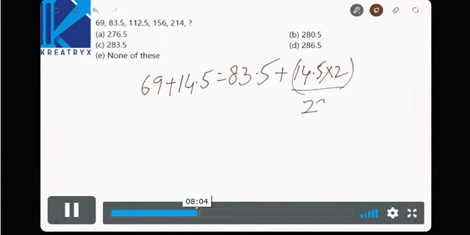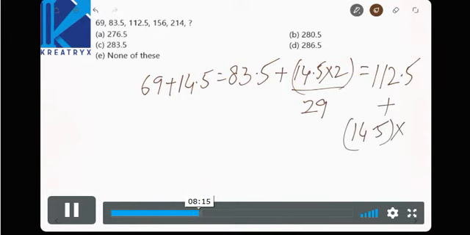So 83.5 plus 29 will lead you to 112.5. Plus 14.5 into 3 will give you how much? 14.5 into 3 will lead you 43.5.